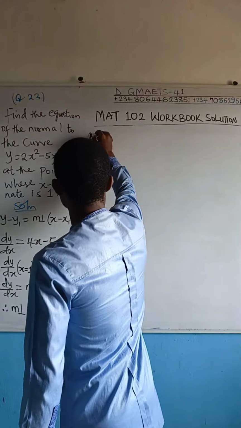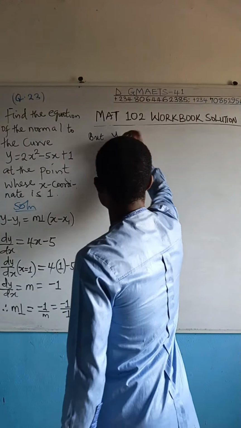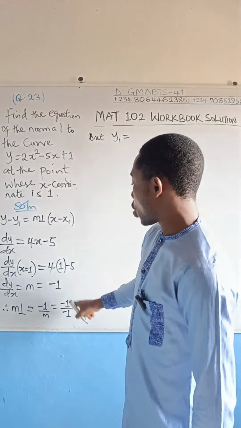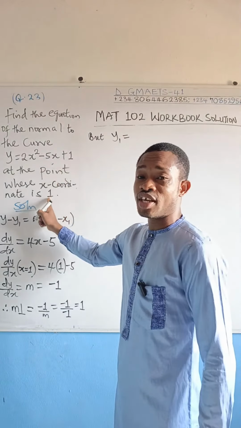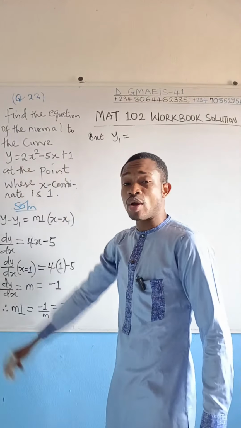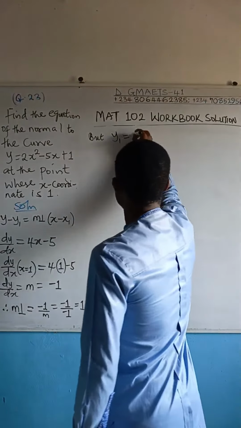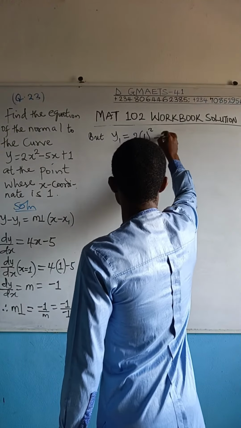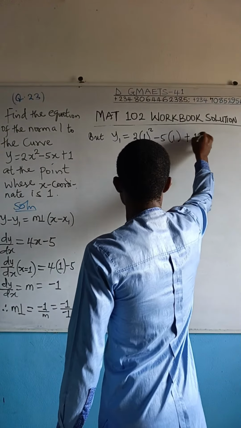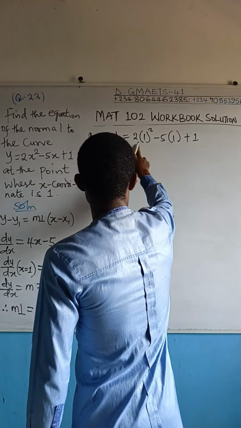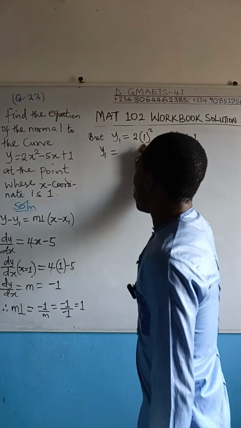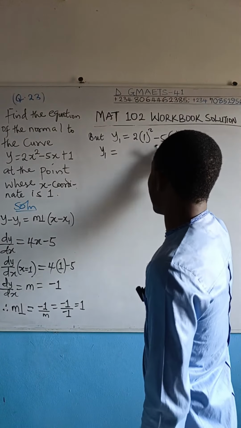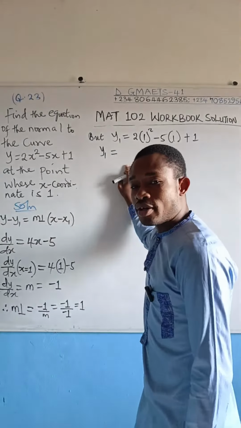So y1 will be equal to, come to this equation, you are going to use the value of x1, which, like I said, is this coordinate given to us. Use that value to obtain the value of y1. So y1 will be equal to 2 brackets x1, which is 1, you square it, minus 5 bracket 1 plus 1. 1 square will give you 1 times 2 will give you 2. 5 times 1 will give us 5. 2 minus 5 will give you minus 3.